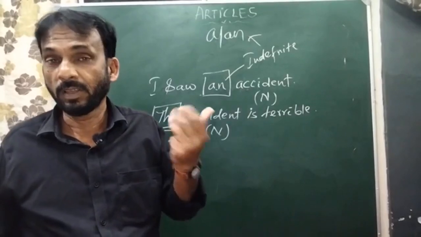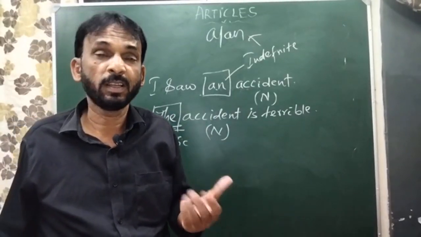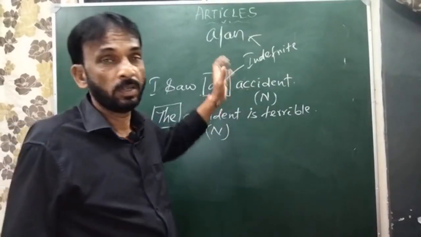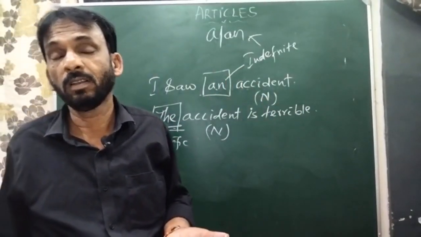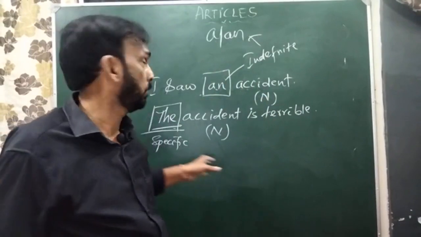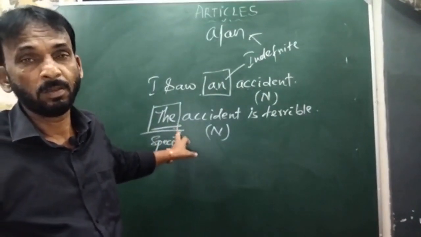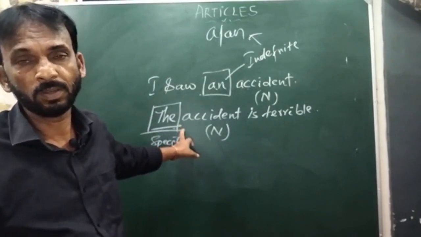If he doesn't know about that noun, that is the first information he is getting, and I am conveying that first information, then we have to use an indefinite article. But if he already knows about that noun, then I will use the specific article. This is the important rule. You have to remember this one.